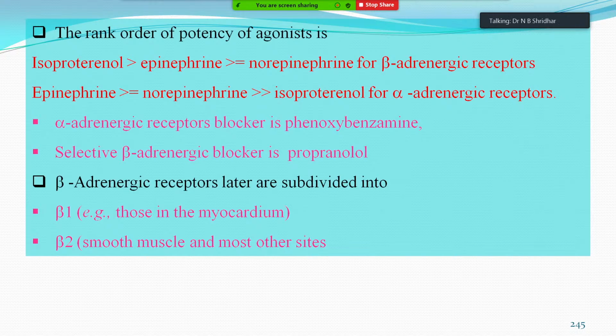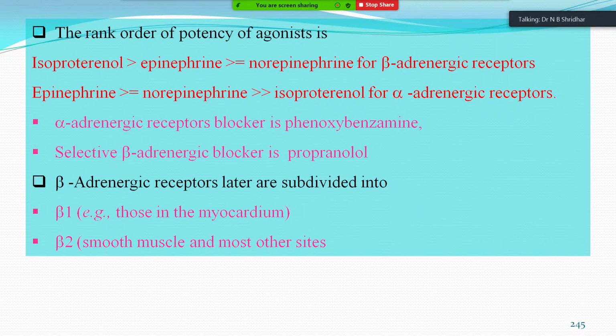Now the rank of potency of the agonists. Many agonists are there, namely isoproterenol, epinephrine, etc. The order of efficacy is that isoproterenol is more effective than epinephrine, and it is equipotent or a little more effective than norepinephrine for the beta adrenergic receptor.